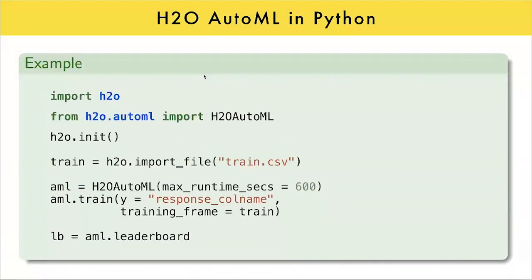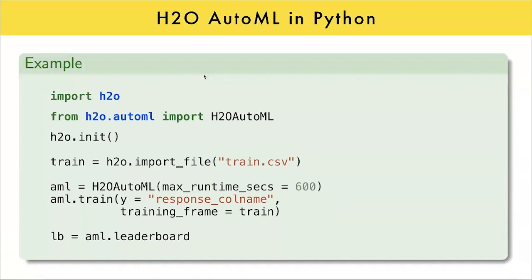And then this is the Pythonic version. Same idea, we just import H2O and import the AutoML method, and we start up H2O, import the data using the import file in Python.